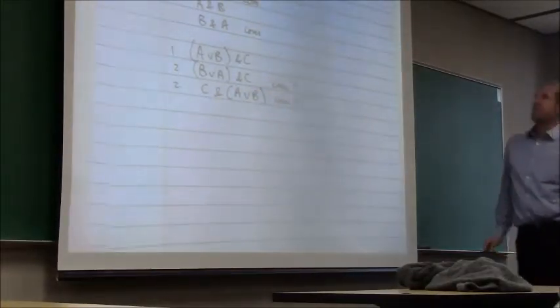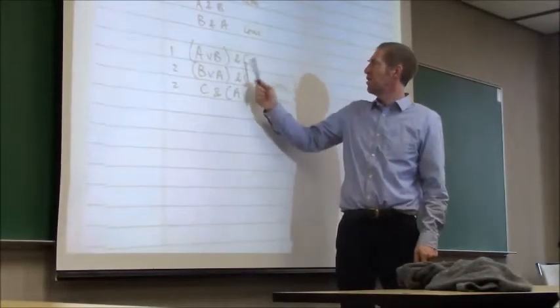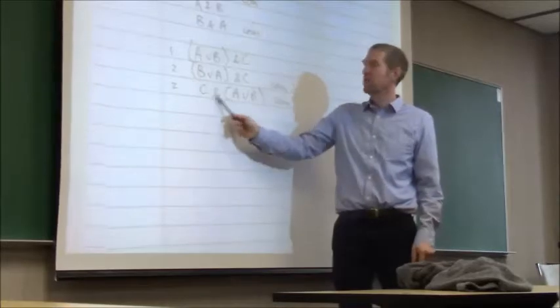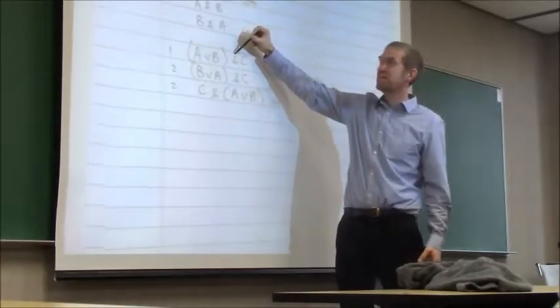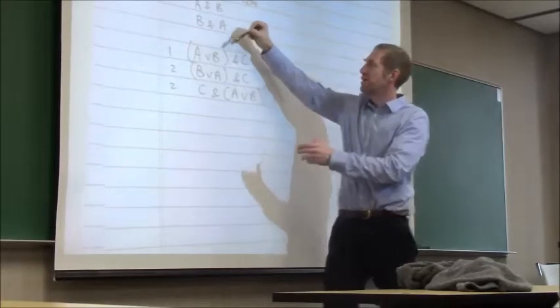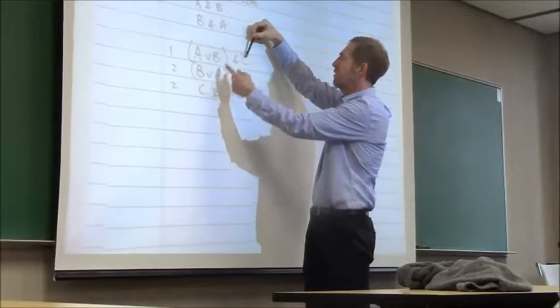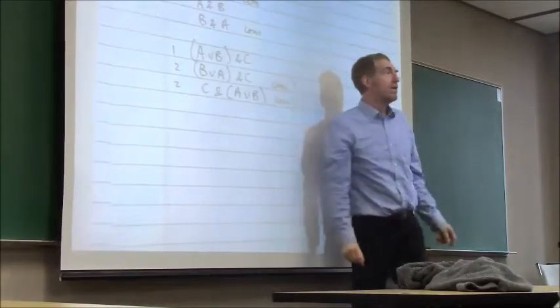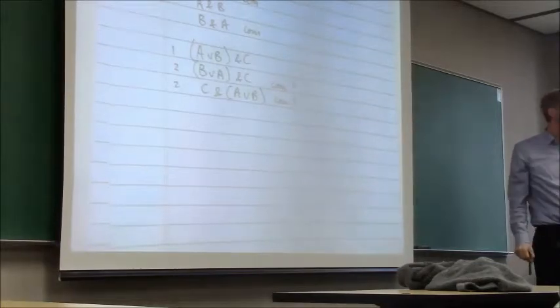So either of those things is perfectly okay. I can do commutation to this one and change the order like that, or I can do commutation to this one and change the order like that. It's like I'm treating the connective as a pivot. So here I treat this as a pivot and flip those around. Here I treat this as a pivot and flip those around.